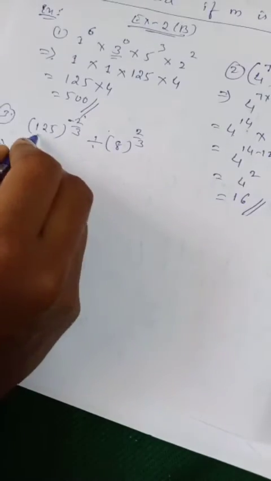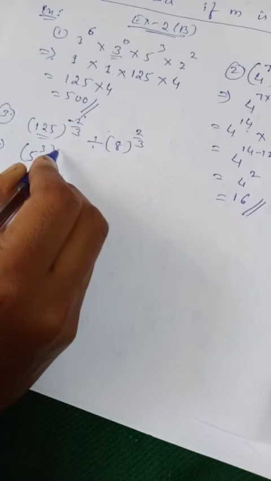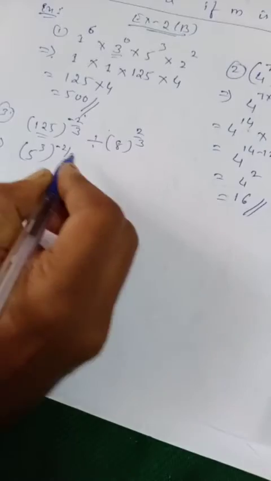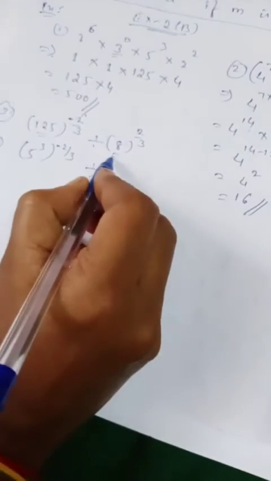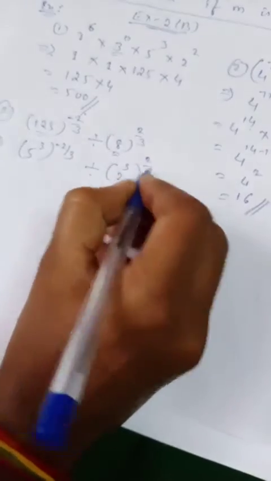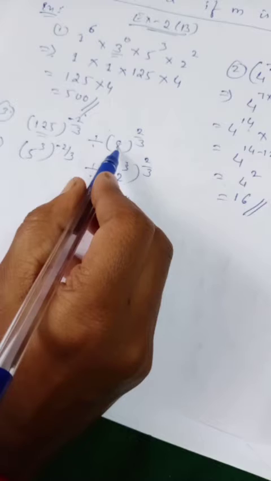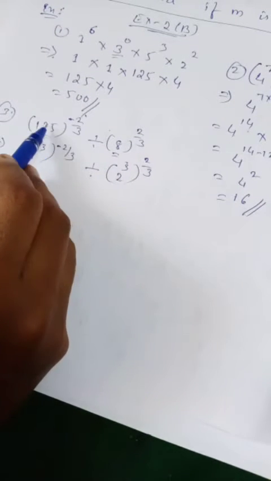This 125 we can write as 5 to the power 3, and 8 we can write as 2 to the power 3. 2 cube is nothing but 8, and 5 cube is nothing but 125.